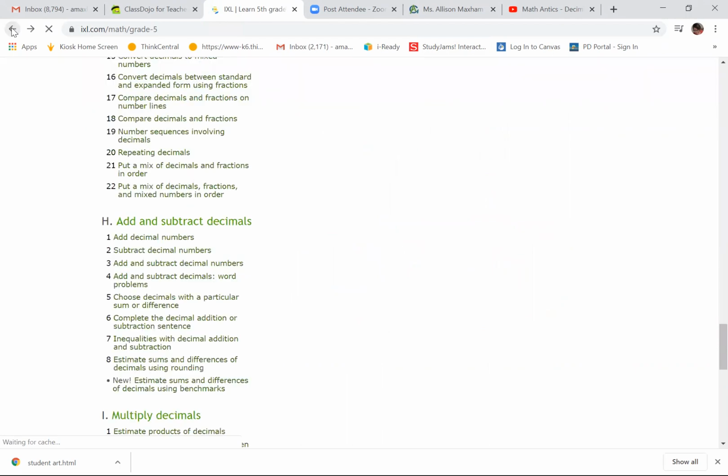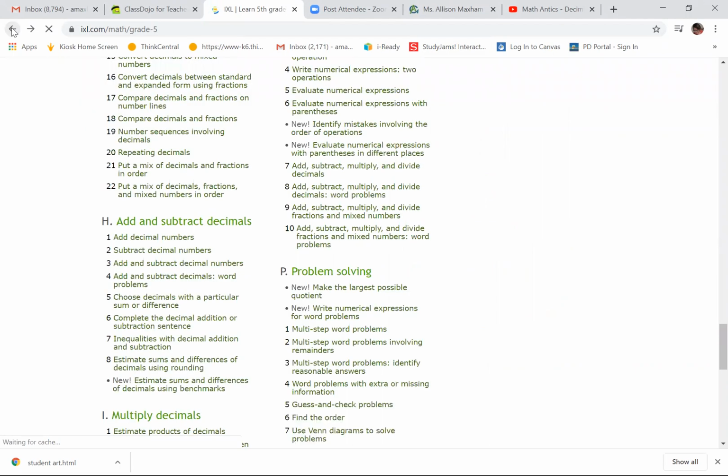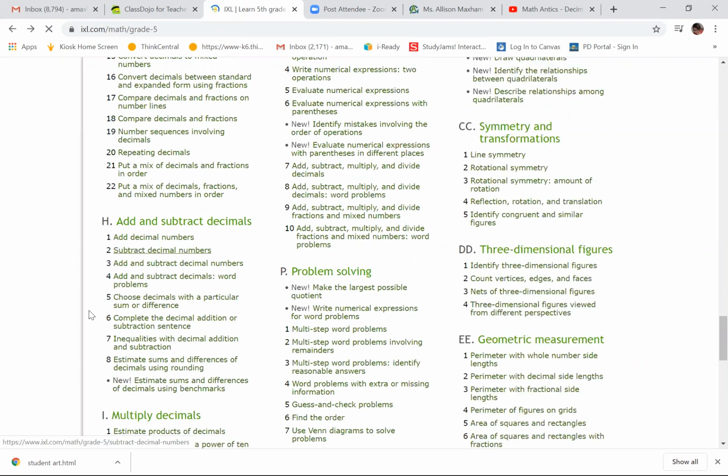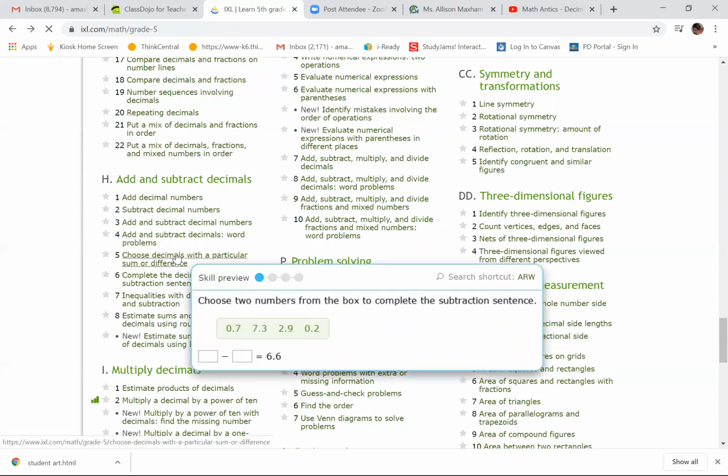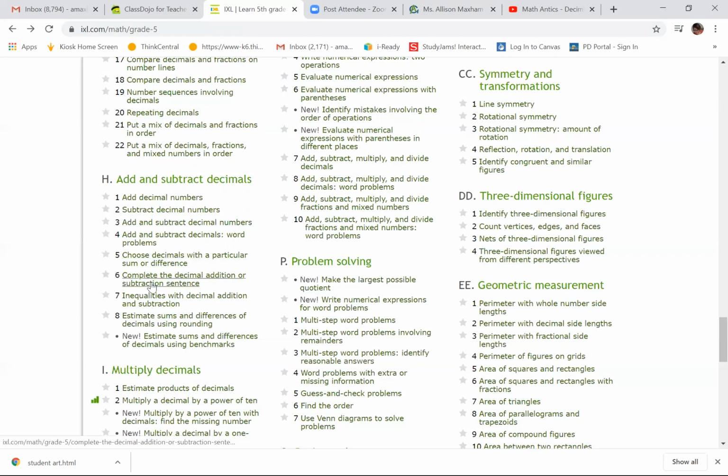So now that we practiced some of those easy peasy lemon squeezy ones, where are we? Add and subtract decimals, perfect. It says choose decimals with a particular sum or difference, complete the decimal addition or subtraction sentence.